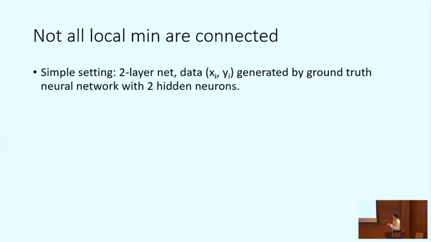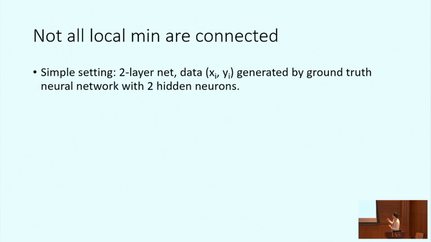So let's first look at the first result. We show that even in a very simple setting, we have a two-layer neural network, and it's so simple that the data (x_i, y_i) pairs are generated by a ground truth neural network that has only two hidden neurons.